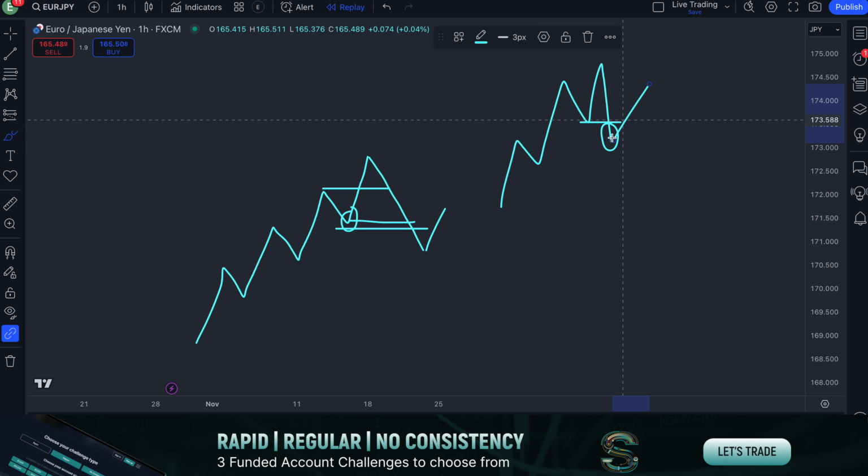Did it retrace aggressively, or did it decide to push even further down, which indicates to me that we're actually not likely going to range, but we're likely to push further down and start a new trend.